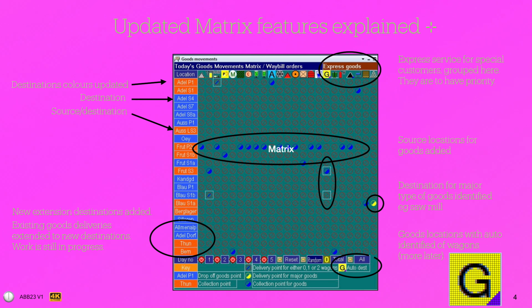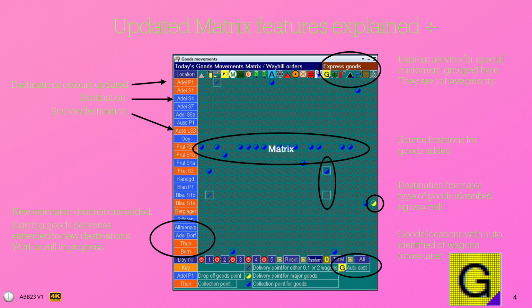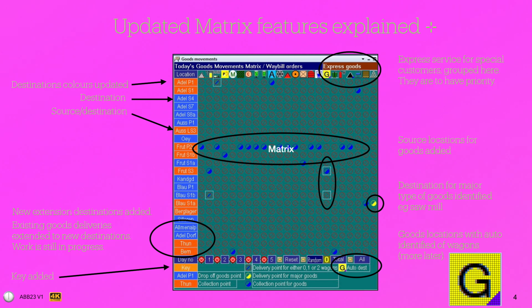Goods locations with auto-identification of wagons is important for TrainController so it can track where everything is and organise for the appropriate loading and unloading as required.